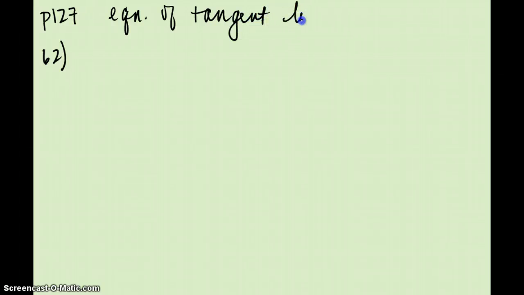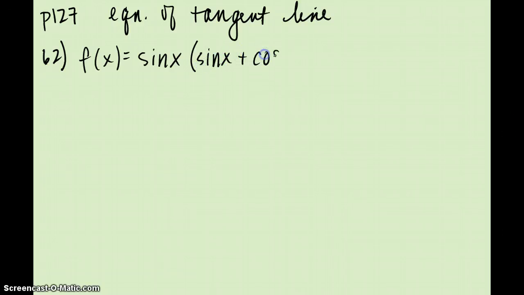Okay, same page, 127, number 62. Let's write the equation of a tangent line at the given point. So my function here is sine x times the quantity sine x plus cosine x at the point pi over 4, comma 1.